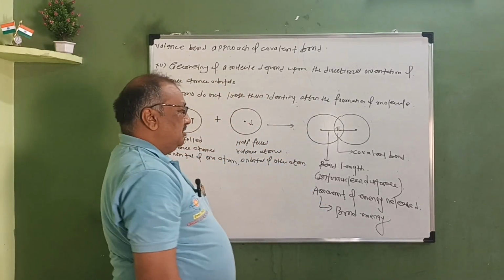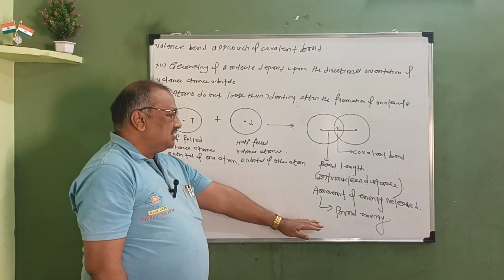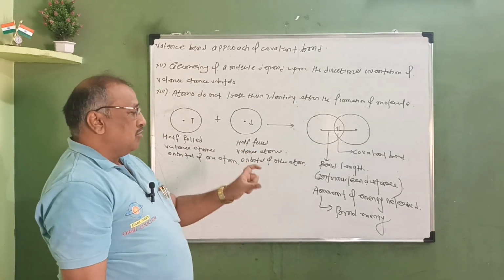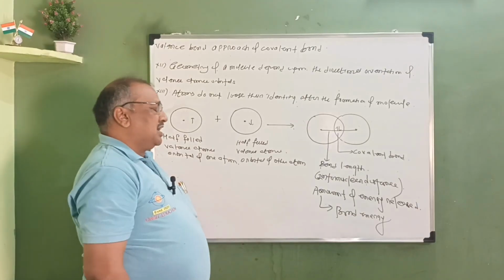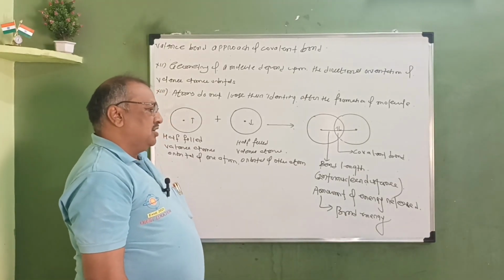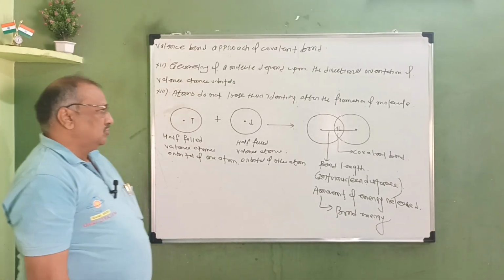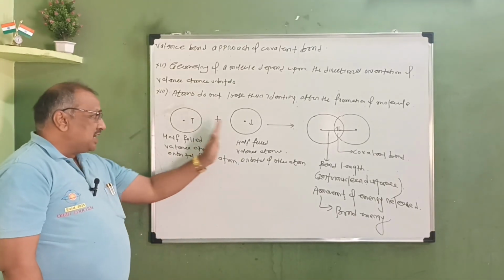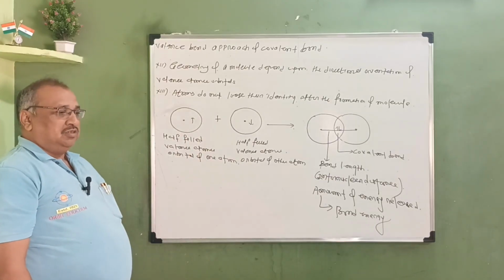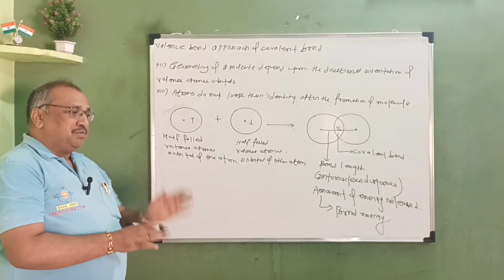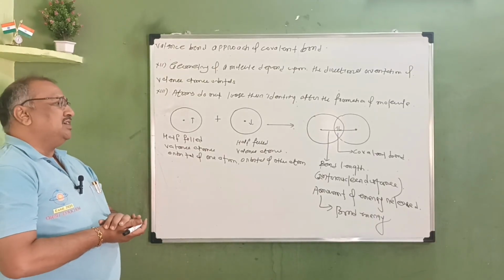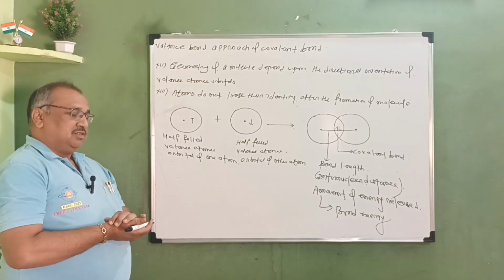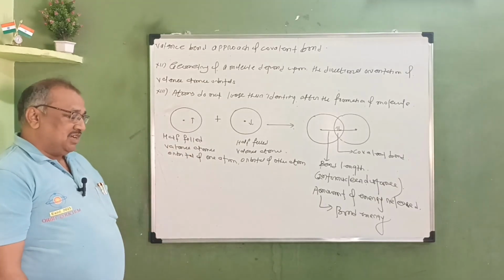That is, bond energy is the amount of energy released when the force of attraction balances the force of repulsion. Now, by using this diagram, you can easily keep in mind the various postulates of valence bond theory, which is also called atomic orbital theory.